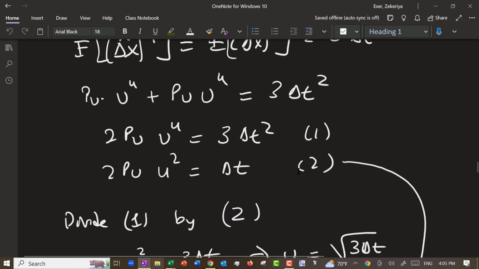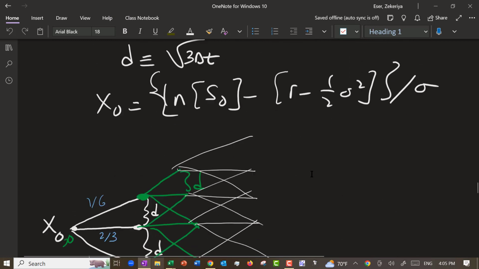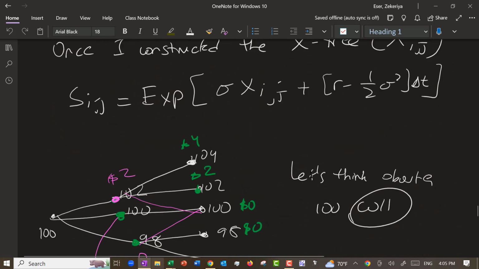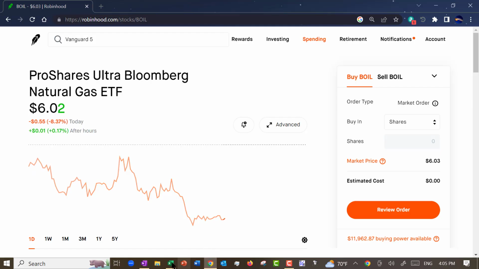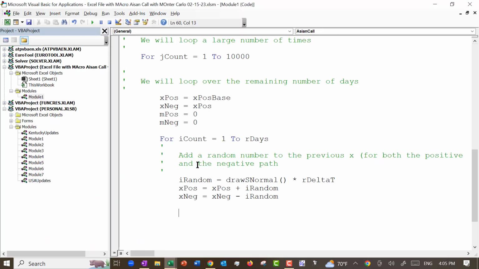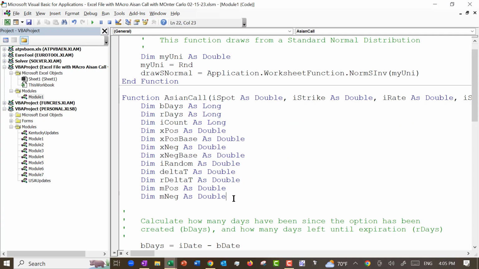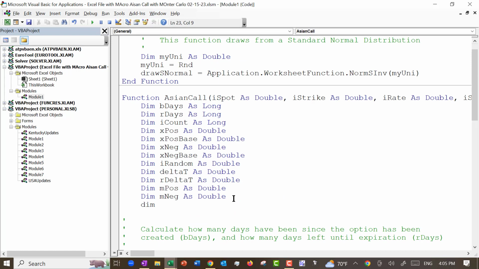Where are you? Except I need to multiply it with t instead of delta t. That was my formula mistake there. So let's also calculate this number. Dim r min sig 2.